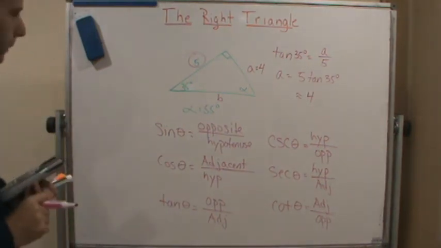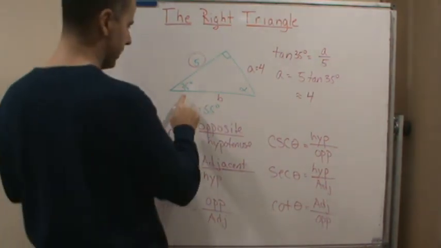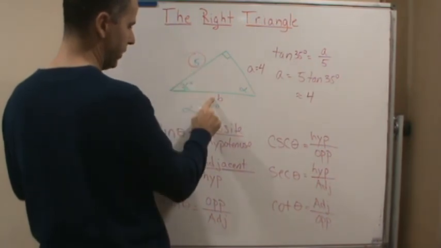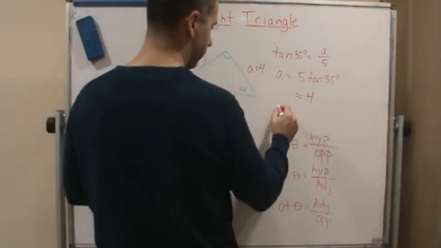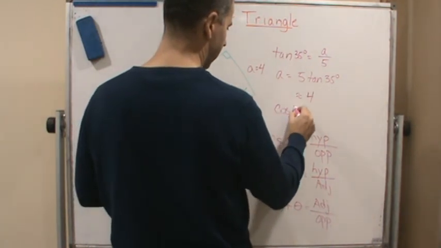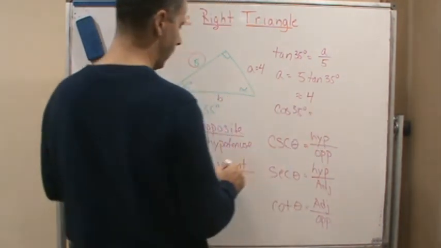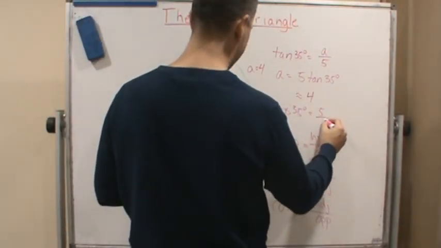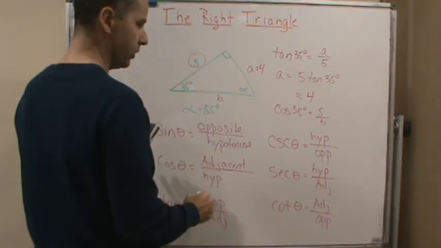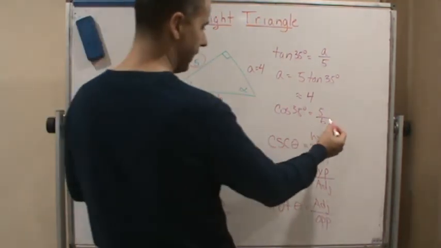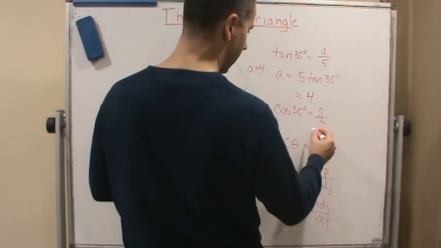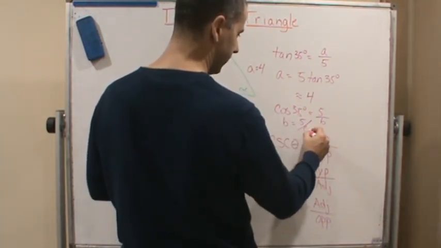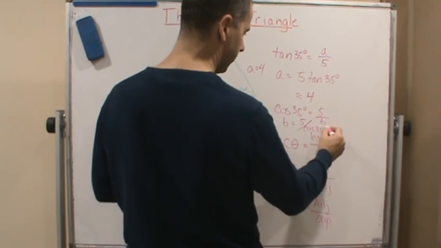And then B, now I'm going to use this angle again, and let's say I want to relate the adjacent to the hypotenuse. Well, that's going to be cosine. So I know that cosine of 35 degrees equals what? Adjacent over hypotenuse, which is going to be 5 over B, which then, if I solve for this, that's going to give me B equals 5 divided by the cosine of 35 degrees.